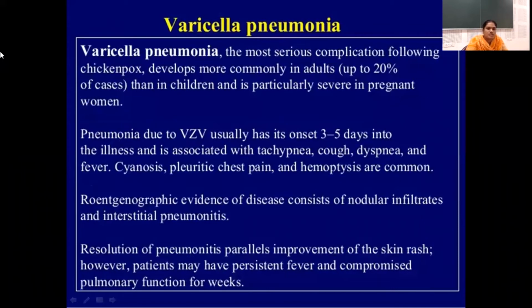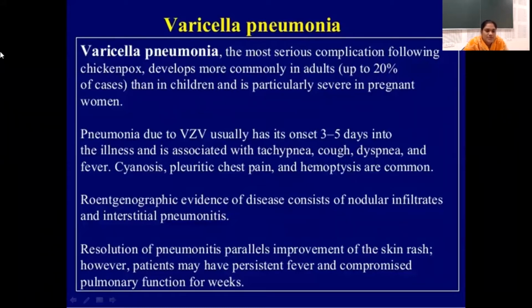The next complication is varicella pneumonia, the most serious complication following chickenpox. It develops more commonly in adults than in children, and is particularly severe in pregnant women. The pneumonia, usually due to varicella zoster virus, has its onset 3 to 5 days into the illness and is associated with tachypnea, cough, dyspnea, and fever.